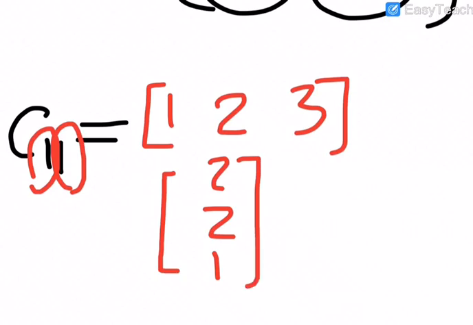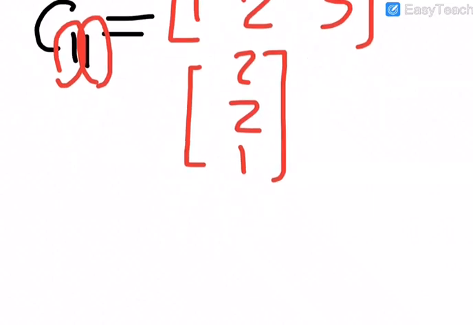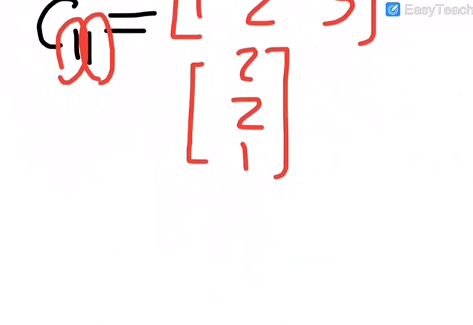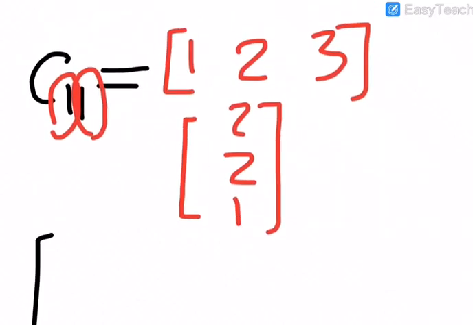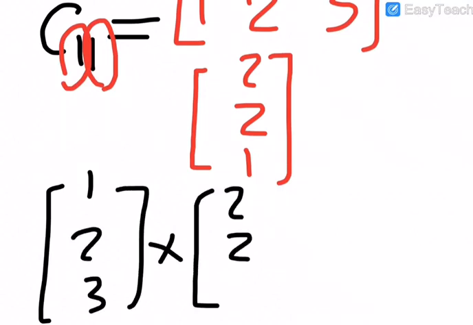Right? So now you need to multiply these two. How? It's an inner product. Do you know the inner product for vectors? It's simple. We say 1, 2, 3 multiplied by 2, 2, 1.